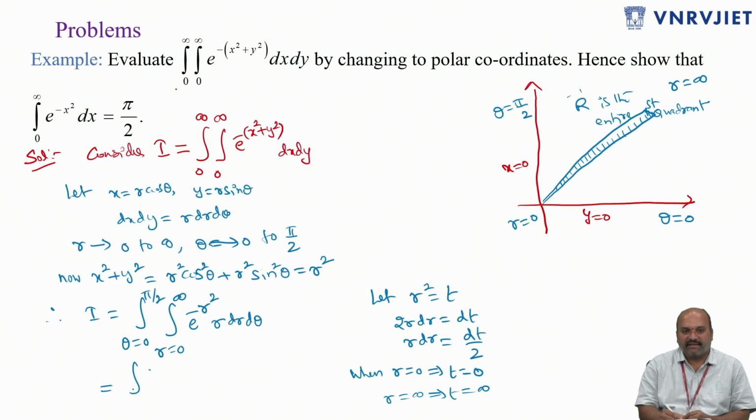I equals the integral, theta varies from 0 to pi by 2, and e power minus r square now becomes t from 0 to infinity, e to the power of minus t, since r square equals t and r dr equals dt divided by 2, into d theta.